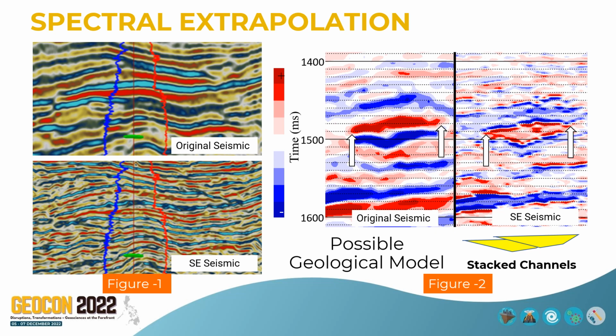Figure 2 is an example of a large channel as we can see on conventional seismic, but we know the difficulties in distinguishing this kind of layer. However, by applying spectral extrapolation to the conventional seismic, the large channel is easily mappable.